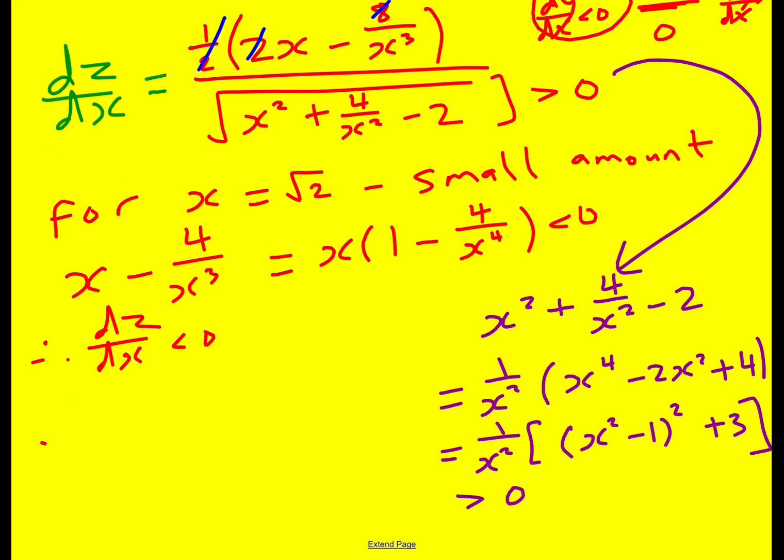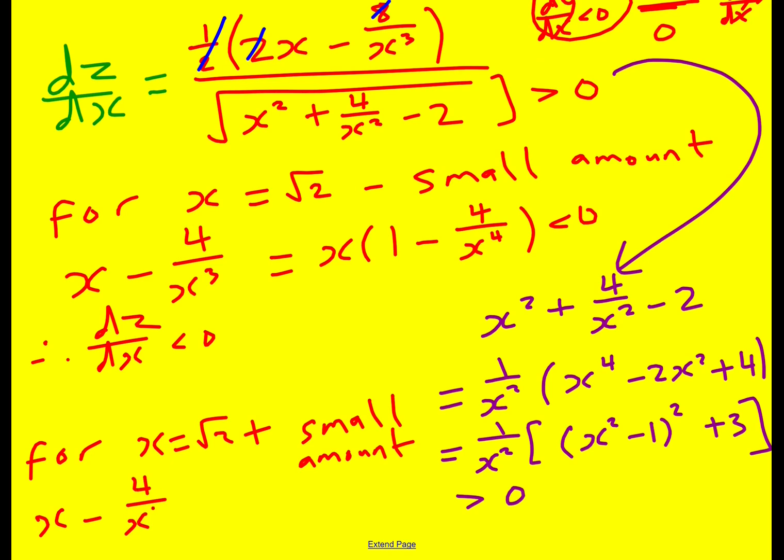And meanwhile, for x equals root 2 plus a small amount, x minus 4 over x cubed. If this is big, like if this was 100, for example, then it's clearly positive.